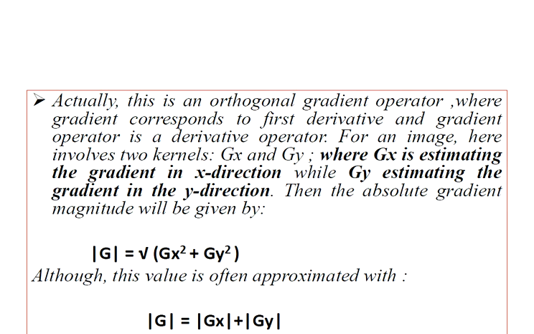Then the absolute gradient magnitude will be calculated using this formula. This Z is the square root of Zx squared plus Zy squared, but sometimes, or more often, this is approximated as Z equals |Zx| plus |Zy|. Okay, so overall this equation at least you have to note down.